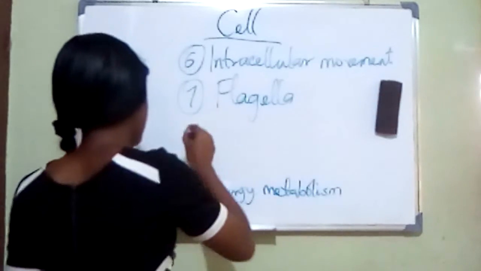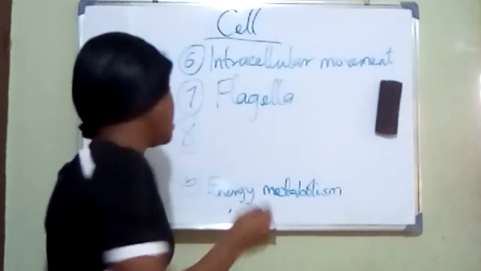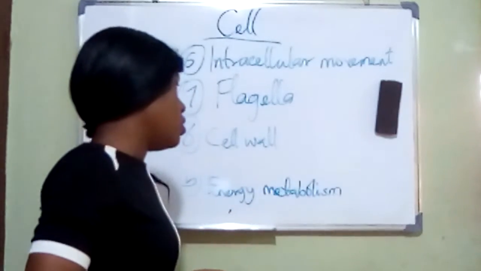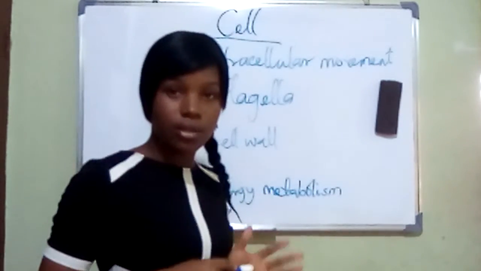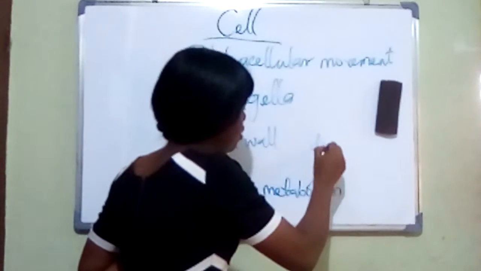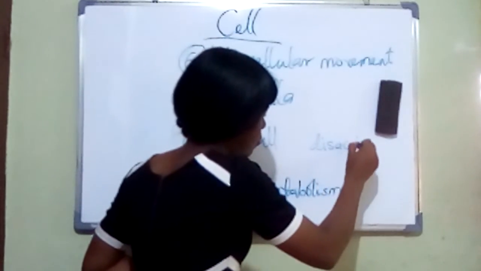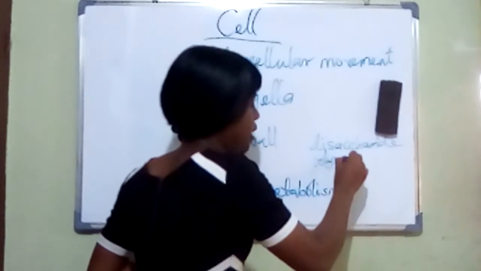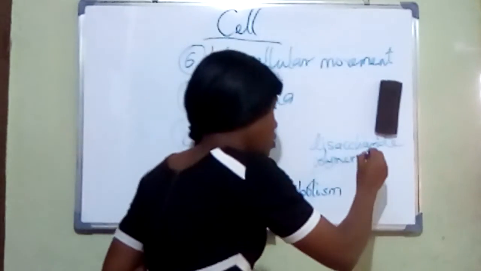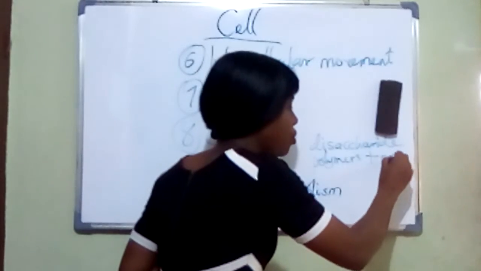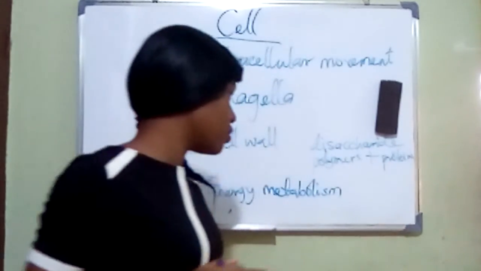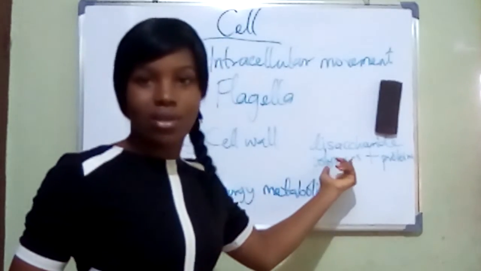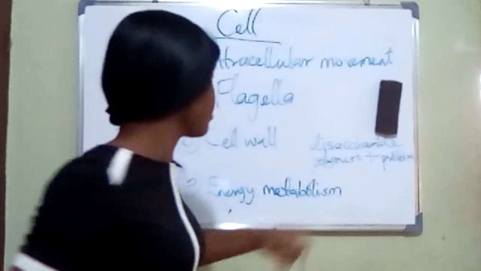Now, the next characteristic is the cell wall. The cell wall in eukaryotic cells is composed of disaccharide polymers, some sugars in association with some proteins. But in prokaryotes, the cell wall does not have this composition.